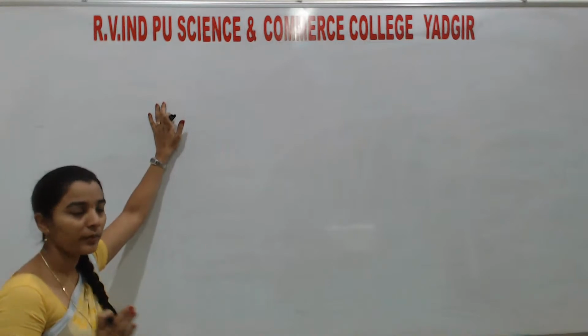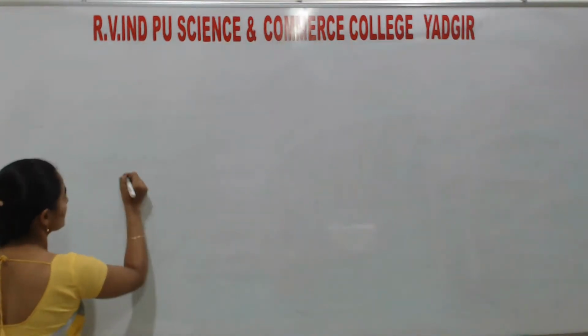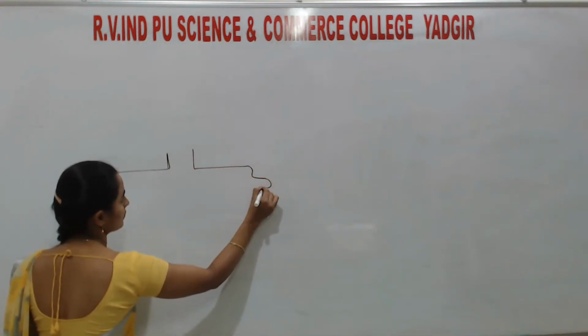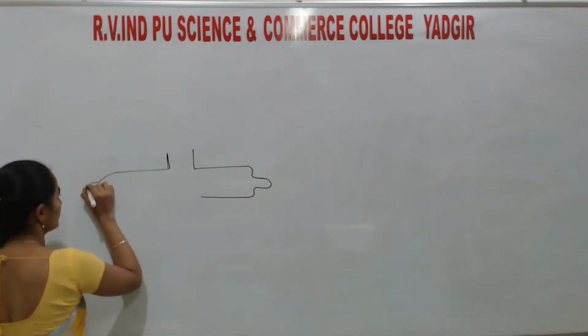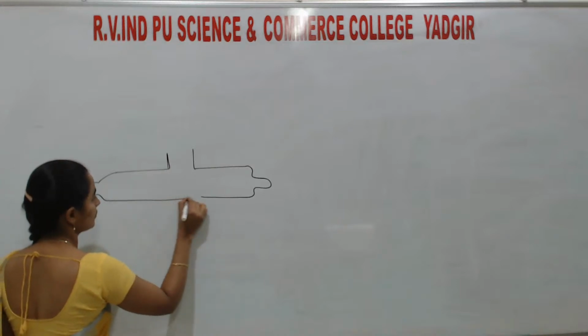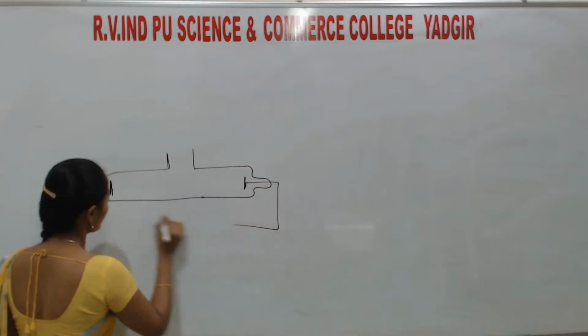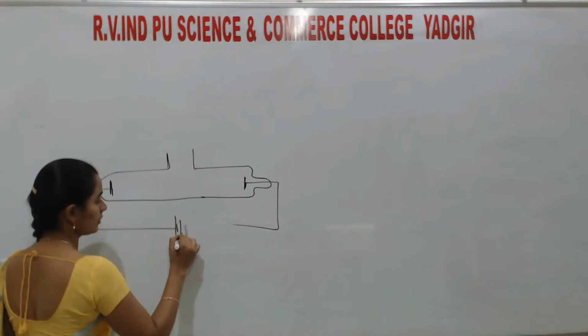You know the cathode ray experiment? One cathode is there, another one, the anode, is there. Here the vacuum is there. Here the cathode is there, here the anode is there, and they are connected to an external battery.